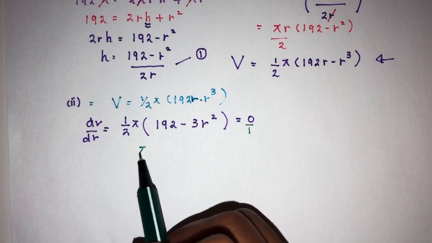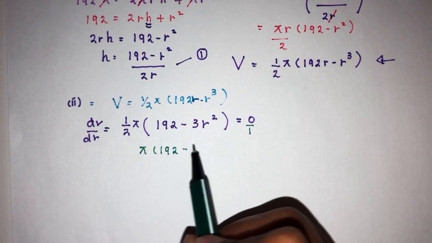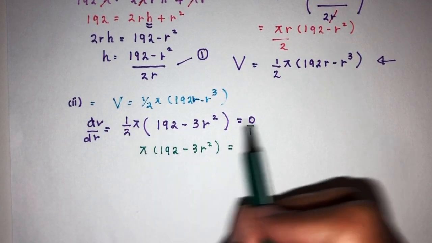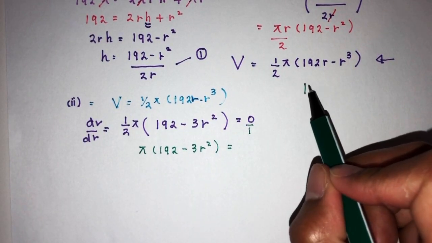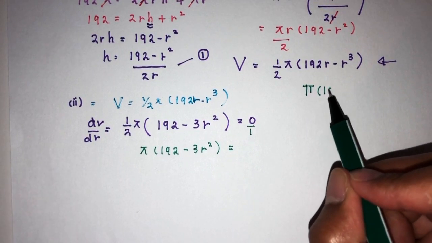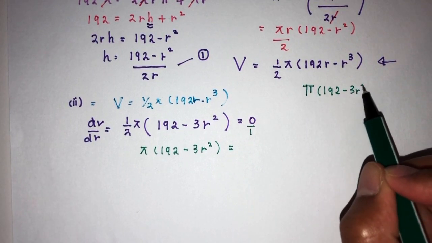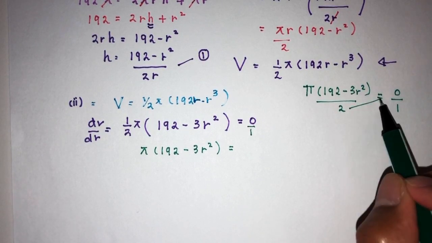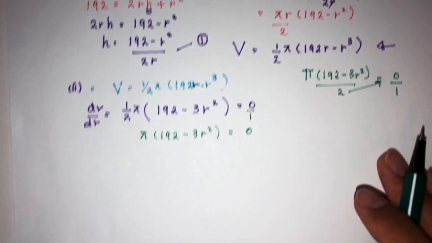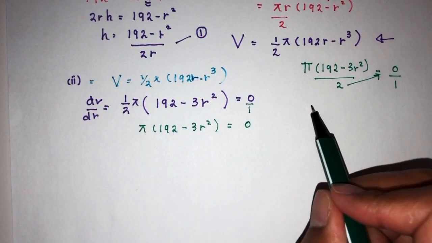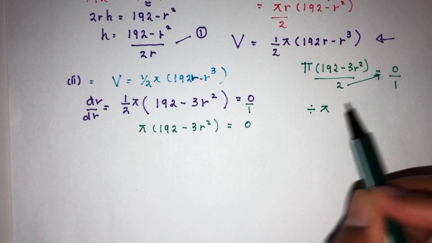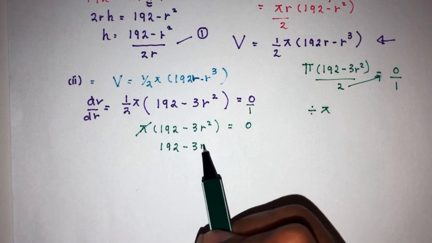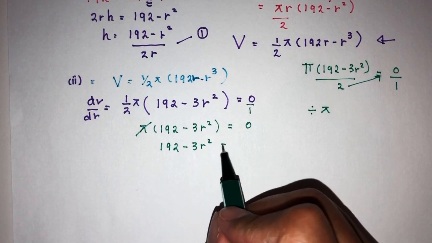So we have pi (192 minus 3r squared) is equal to 0, because we have sent the 2 up here, because it is pi times (192 minus this) over 2 equal to 0. Now if you cross multiply, 2 times 0 will be 0. So that's why we have 0 here. Now, because we have this, we can divide by pi on both sides. So this will cancel out. You will have 192 minus 3r squared is equal to 0.